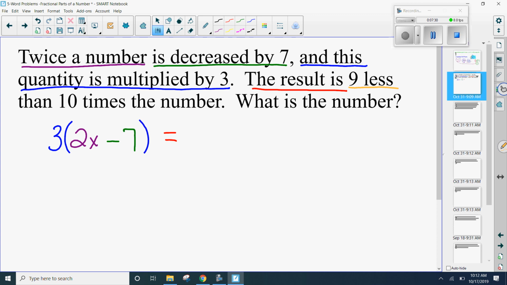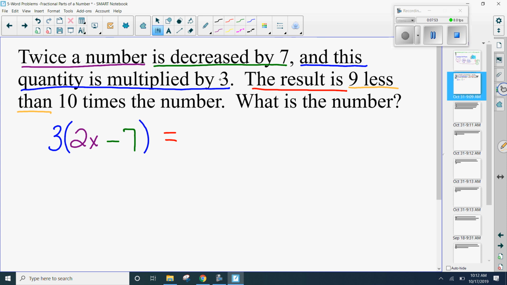The result is 9 less than. So if I tell you that your age is 30 less than mine, what would you do? Do you take minus 30 and then figure out what my age is? No, you take my age and then subtract 30, right?